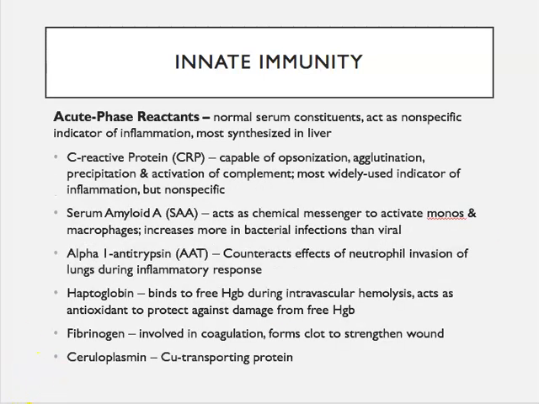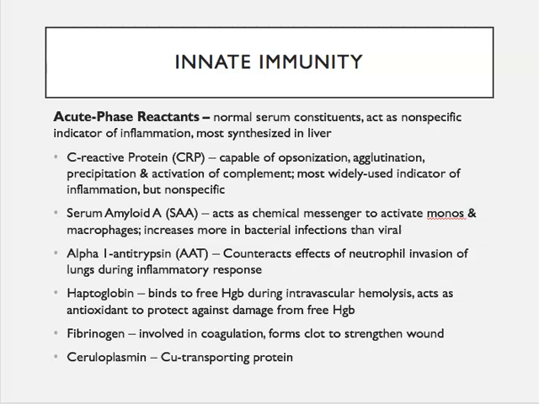Okay, acute phase reactants. So these are normal serum constituents that act as a non-specific indicator of inflammation. These acute phase reactants are going to rapidly increase in the blood or decrease in concentration due to infection, injury, or trauma to the tissues. And I'm sure you guys will talk about these a lot more in chemistry this semester.